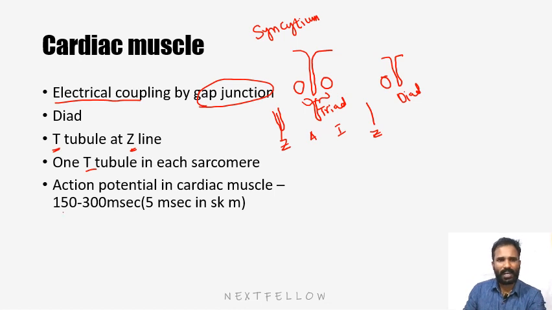The action potential in cardiac muscle is 150 to 300 milliseconds. Usually the action potential in cardiac muscle is a plateau type, which has a longer duration, whereas it is only 5 milliseconds in skeletal muscle, which is a spike potential.